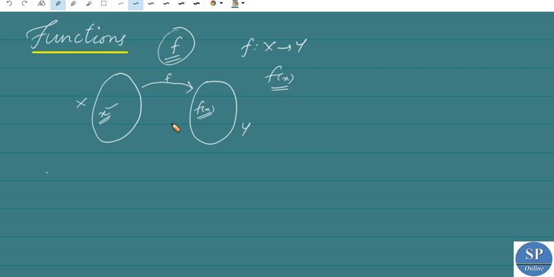In that case, this set X is called the domain of the function f, and the set Y is called the codomain of the function f.